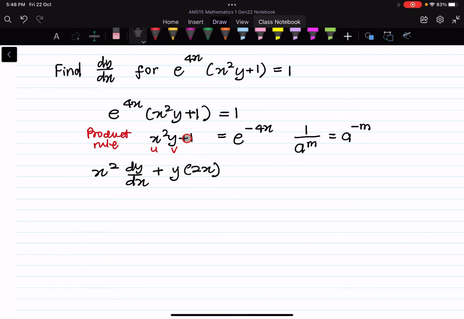Don't forget to differentiate 1, which is 0, equals the derivative of e^(negative 4x): we differentiate negative 4x with respect to x, which is negative 4, times e^(negative 4x).